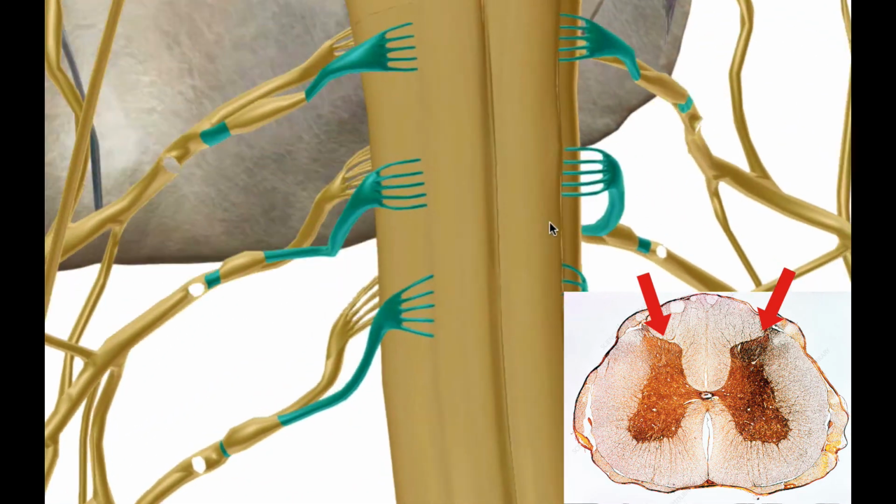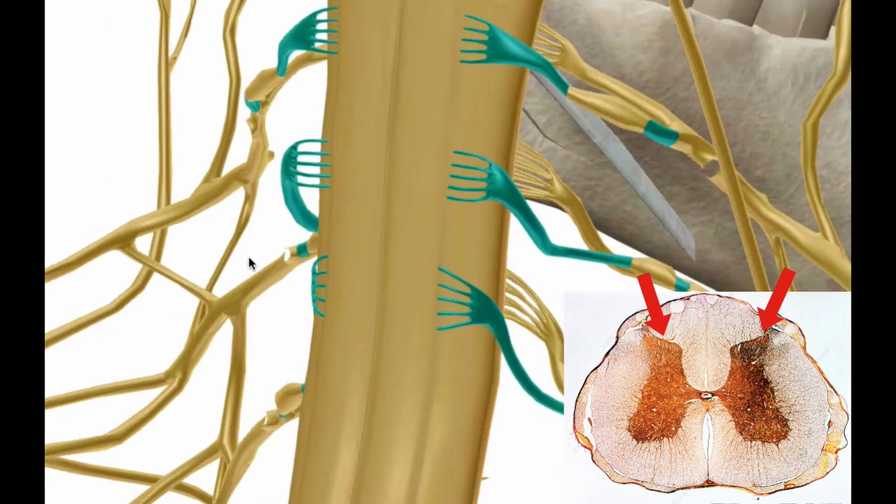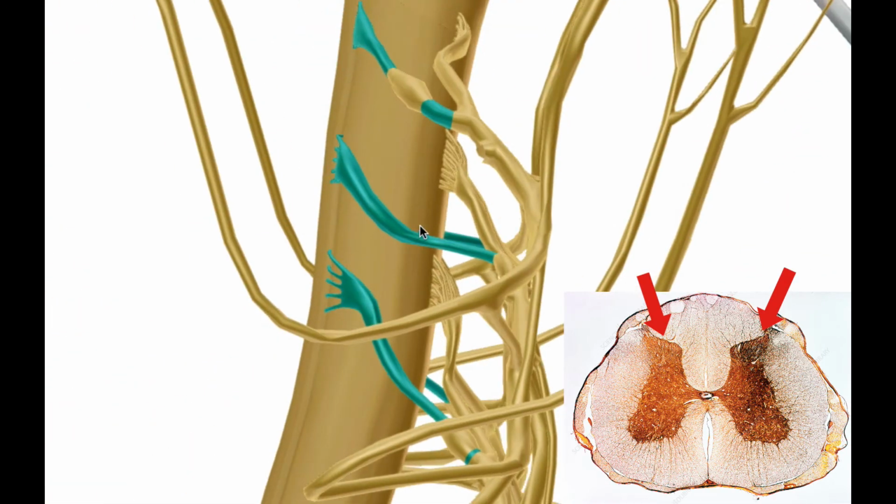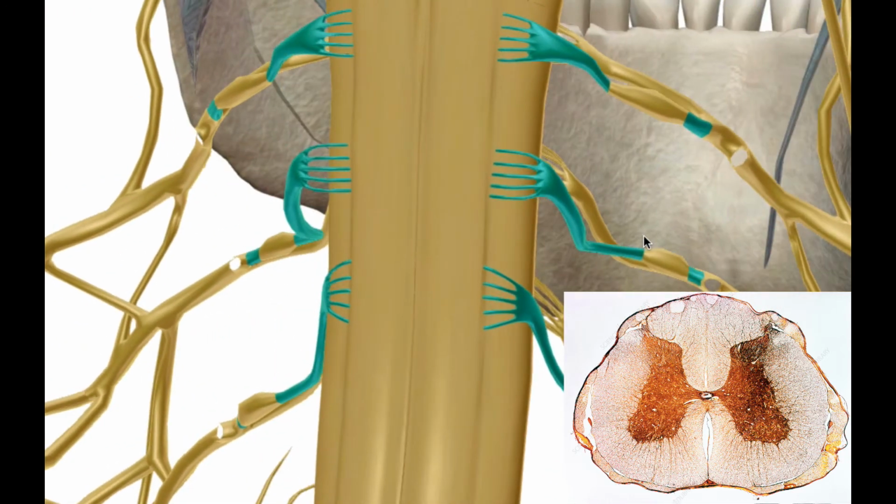Hopefully you're getting a broader perspective of what we've been talking about. With the dorsal roots, this is where the afferent signaling comes in. This is the sensory input, and then inside the spinal cord with the gray matter is where you'll have the integration, the processing.